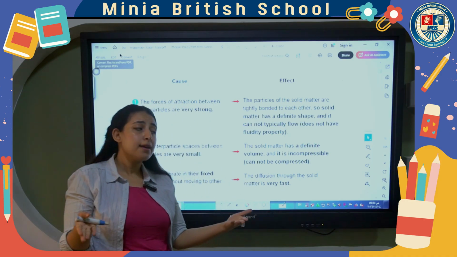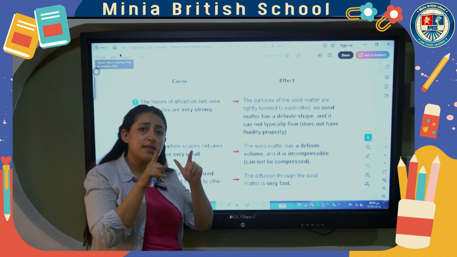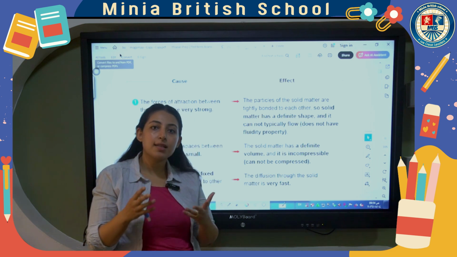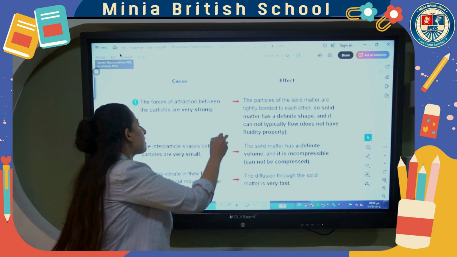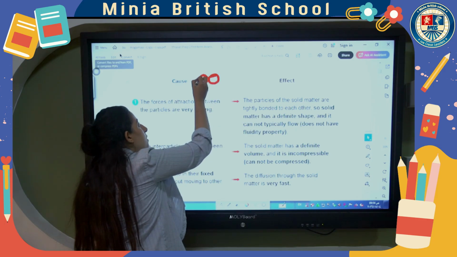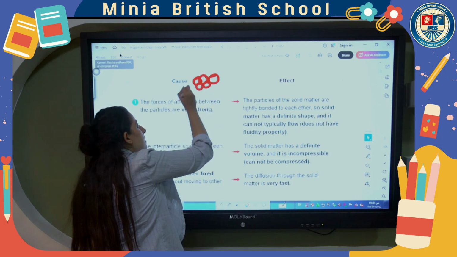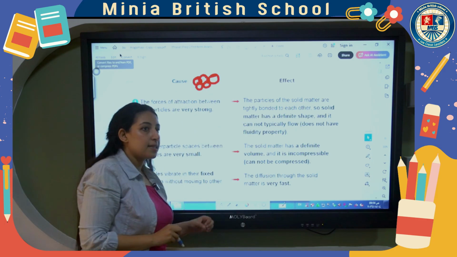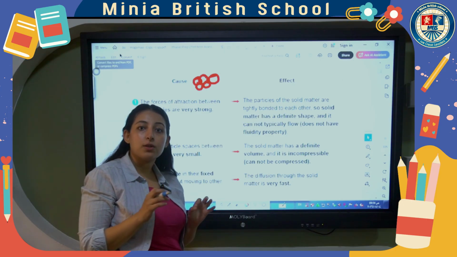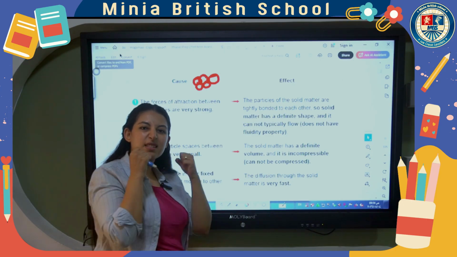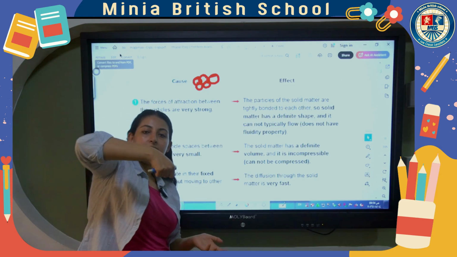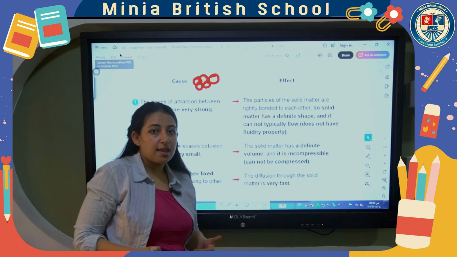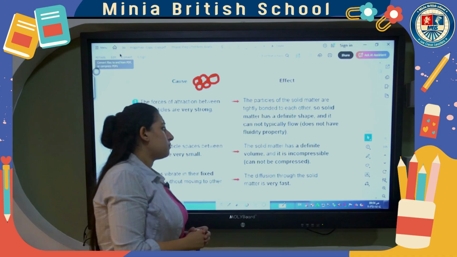They don't have the fluidity property. They don't take the shape of their containers. The answer must be related to the attraction force between solid molecules. The answer is because the attraction force between solid molecules is very strong. So they are not fluids. They cannot flow easily.